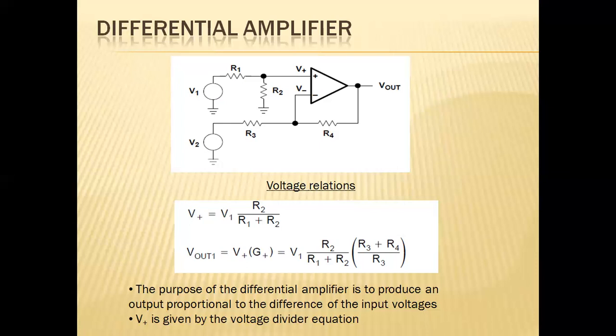Here, different resistances are involved based upon the given input voltage, and both terminals are active. How the voltages are developed we'll look at now. When considering the non-inverting voltage terminal, V plus is equal to V1 times R2 by R1 plus R2.